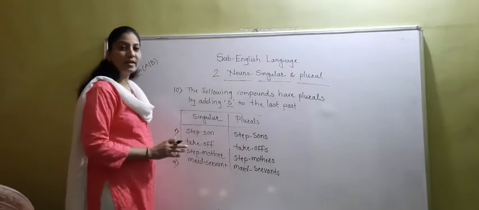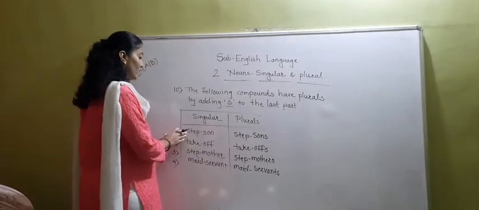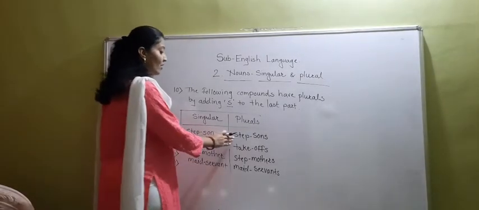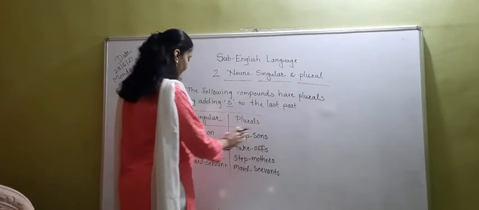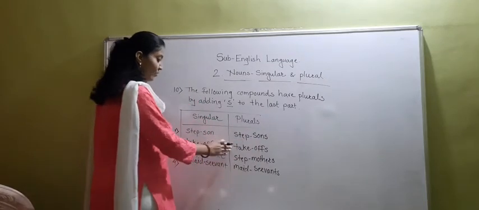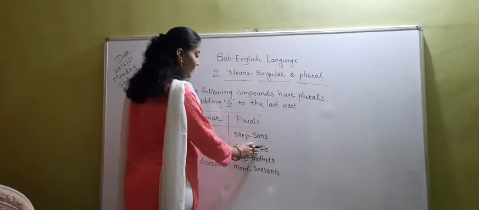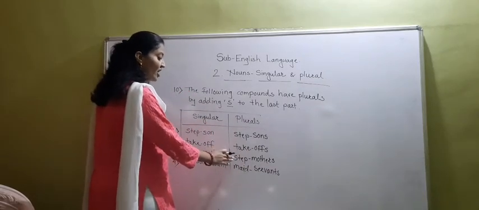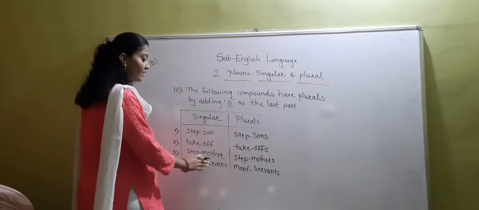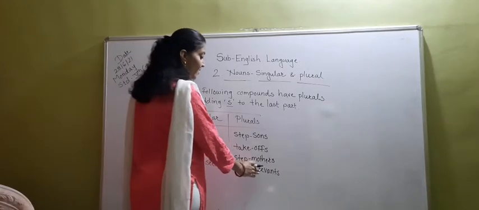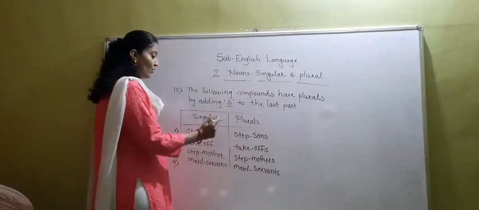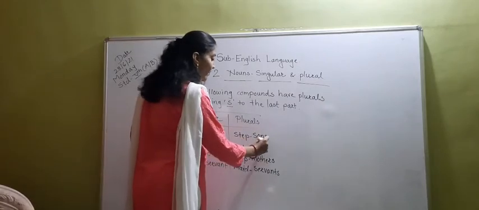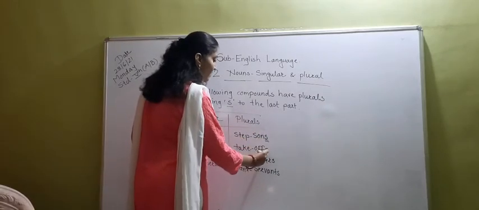Okay, are you getting it, students? Now see the first word, stepson. Plural of that is stepsons. Take off, plural take offs. Stepmother, plural stepmothers. Maidservant, plural maidservants. Now if you look carefully, we have added only s to the last word.